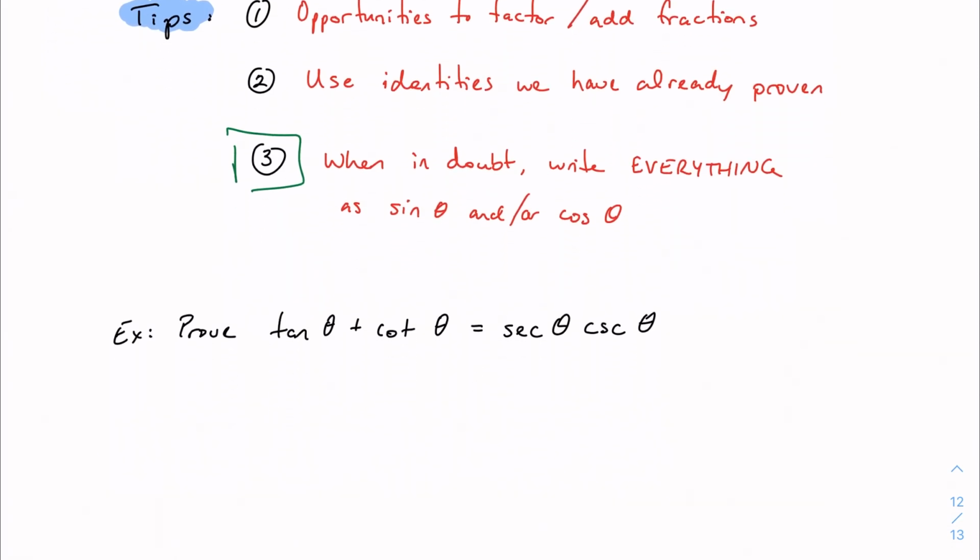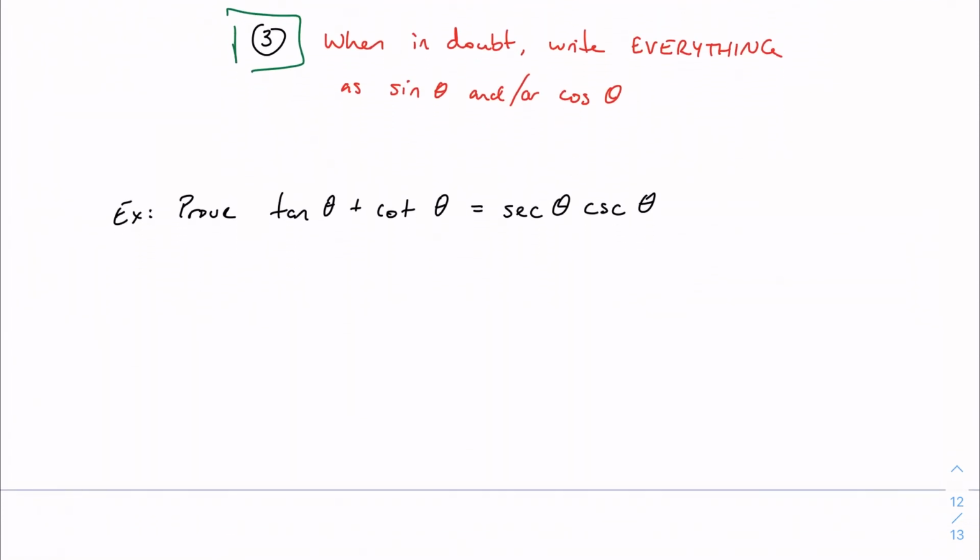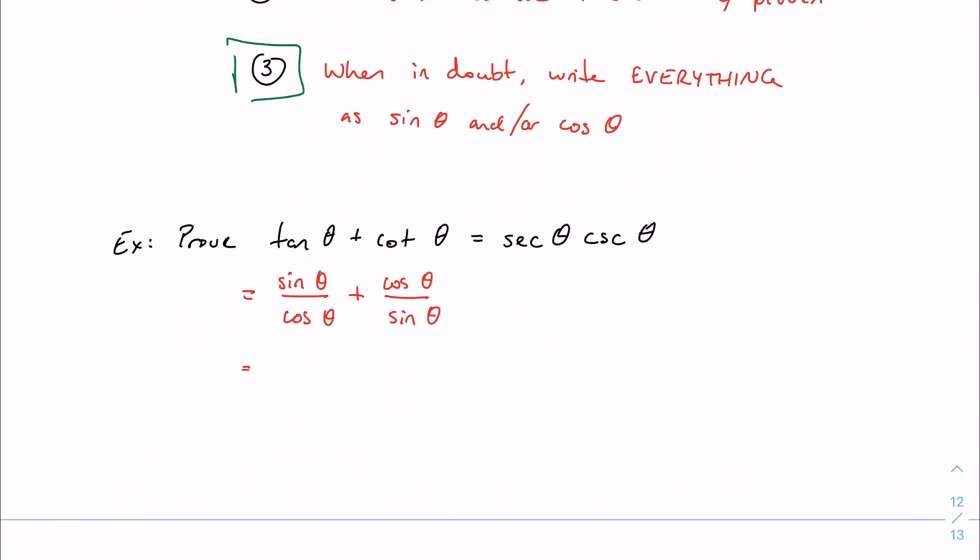For example, if I want to prove that tangent theta plus cotangent theta is equal to secant theta cosecant theta, it's not really obvious right away where to go with this, so let's just turn our whole left-hand side into sines and cosines. So tangent, we know, is sine theta over cosine theta, and cotangent is tangent's reciprocal, so that's got to be cosine over sine. Rule number one, add fractions.